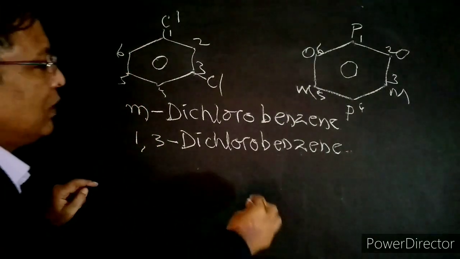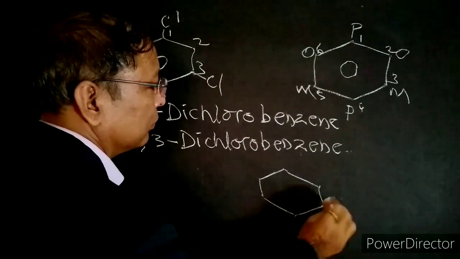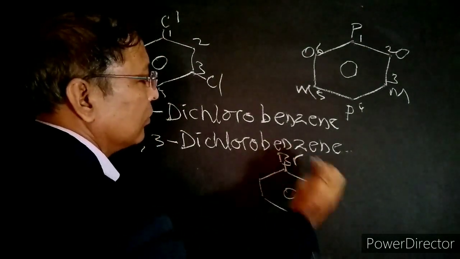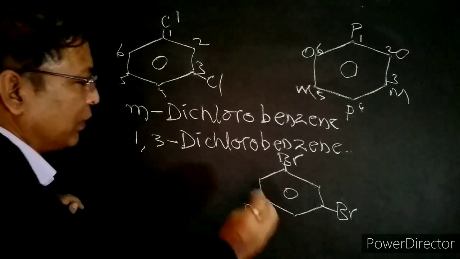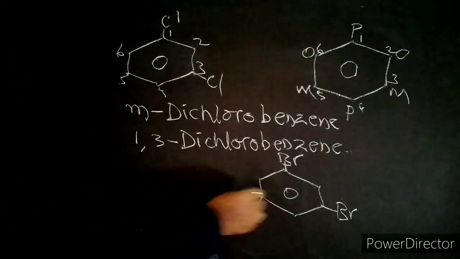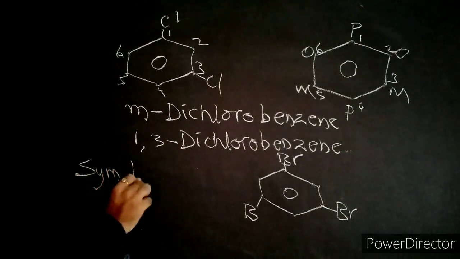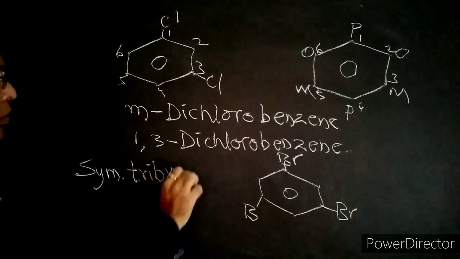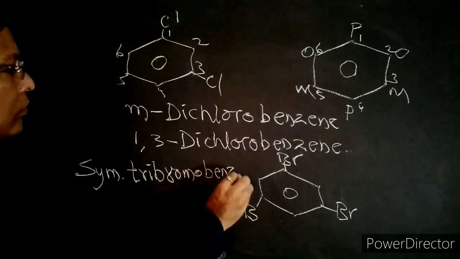Let us take one more example. If we have bromine here, another bromine here, and one more bromine here. According to the common name system, it is named as symmetric tribromobenzene.